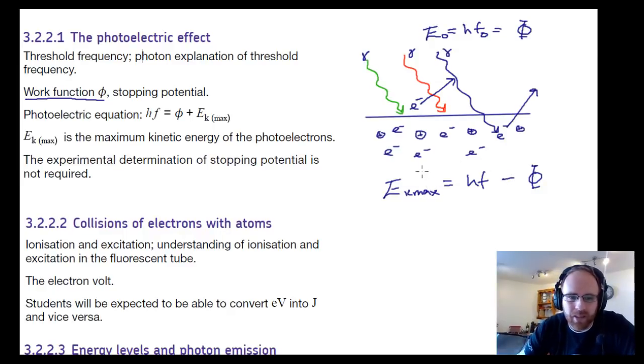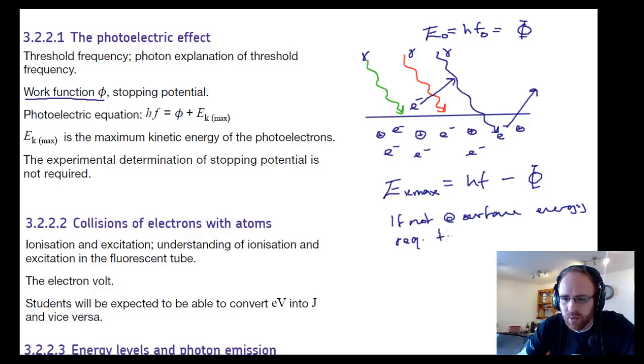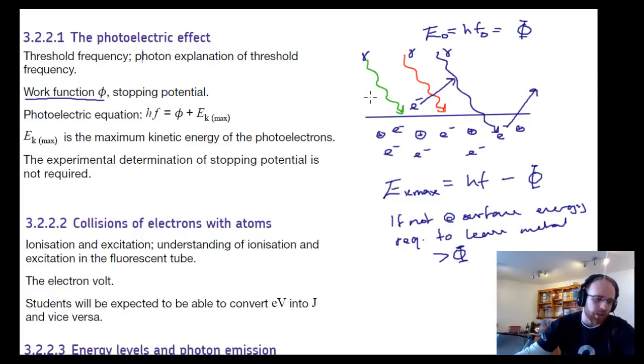So this is a maximum, because if it's not at the surface of the metal, the energy required to leave the metal is greater than the work function. So my photons we're treating as particles, and that particle collides with an electron and is absorbed.